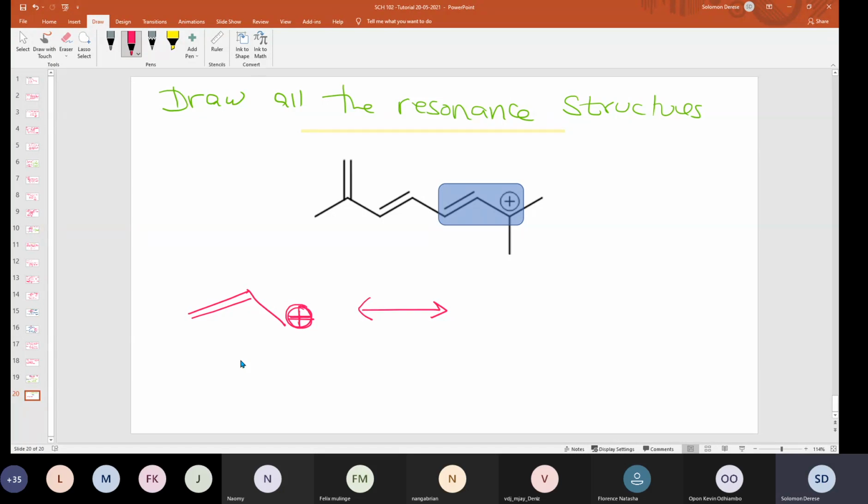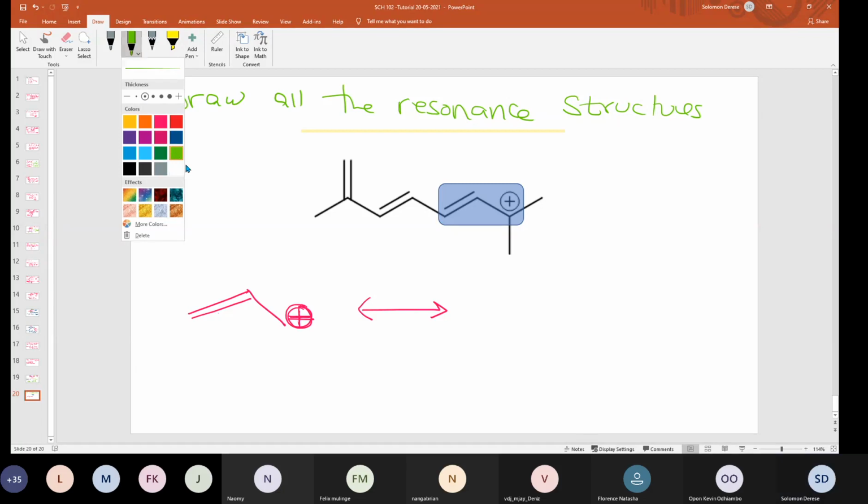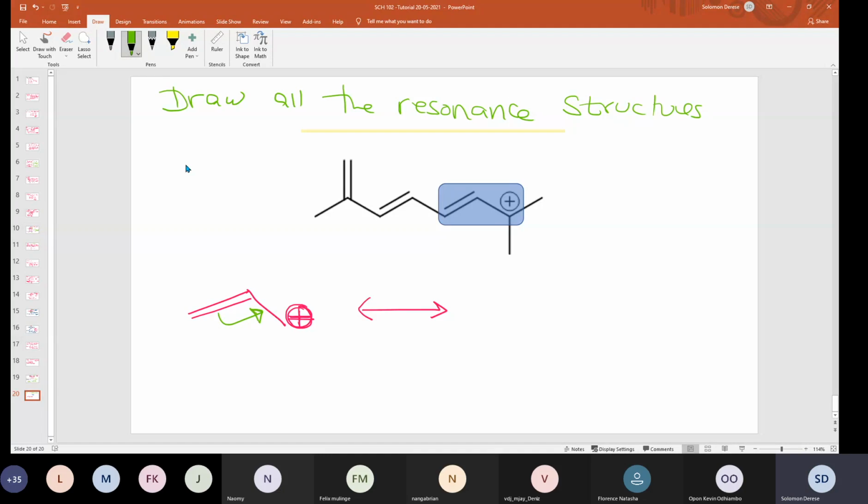That's what it is. So like here, we have many complicated things. These are decorations. If you don't understand this simple thing, you will not understand this. Now, when you have a system like this, the resonance form of this will be for the electrons of the pi bond of this double bond to be used to form a double bond with this carbon.